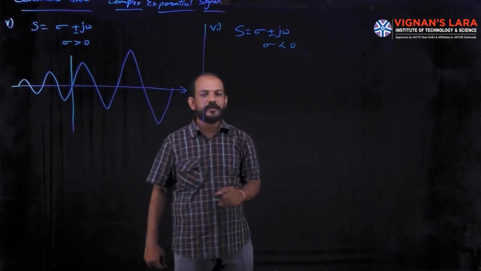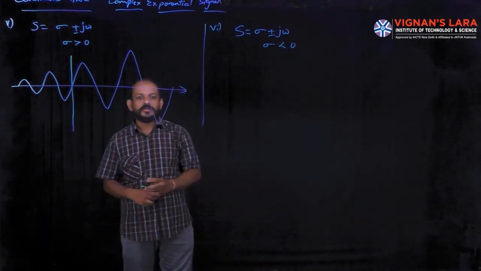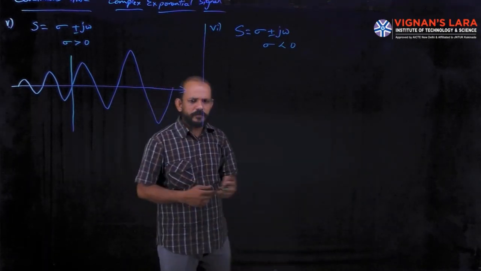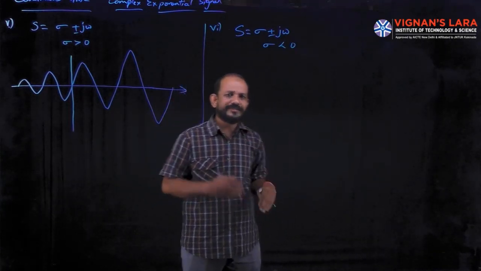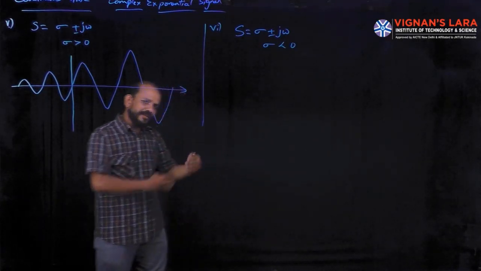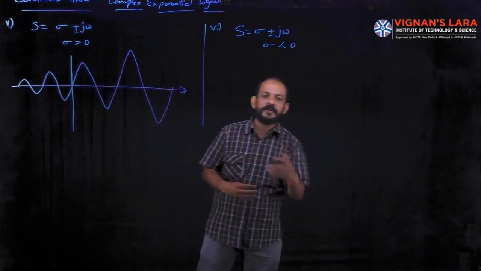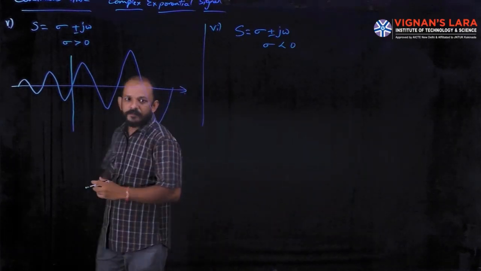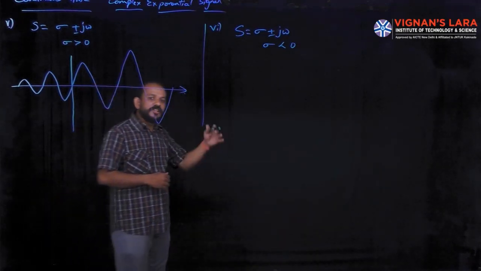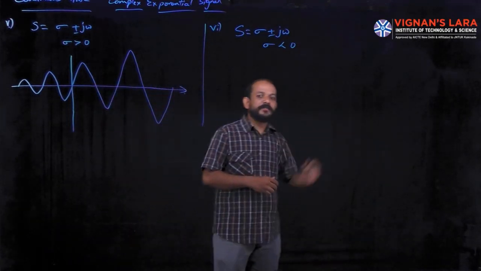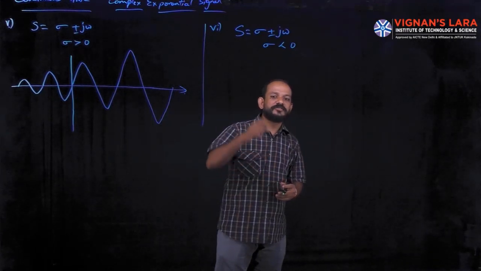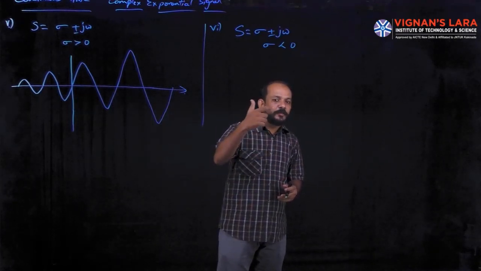Simple. Then what happens to the sinusoidal wave? The amplitude of the sinusoidal wave will decrease. Simply, the sinusoidal signal decays exponentially.